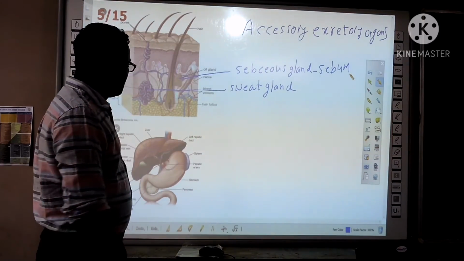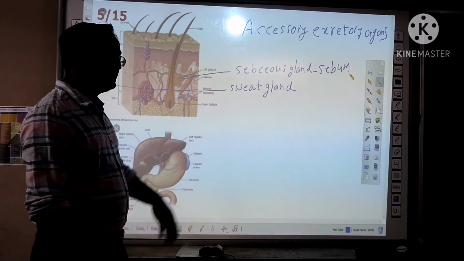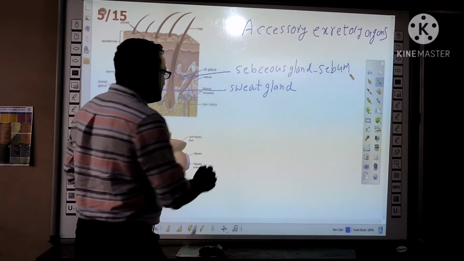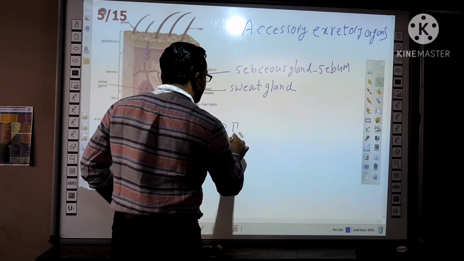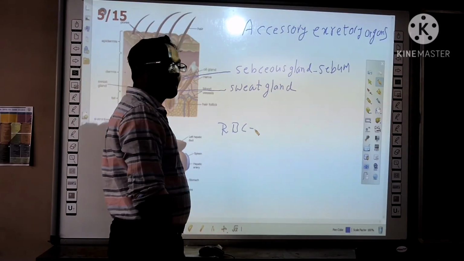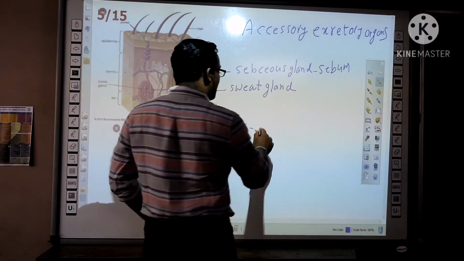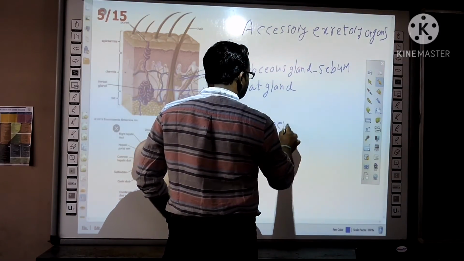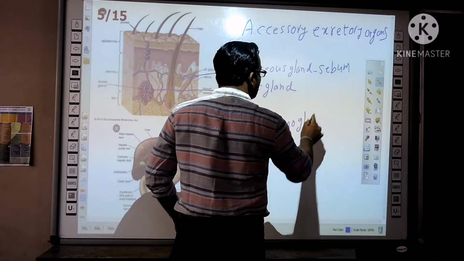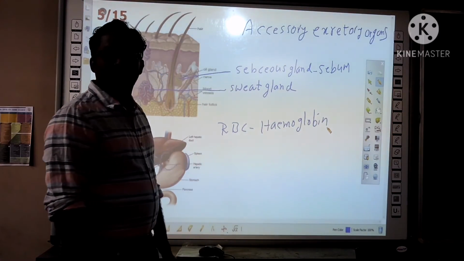Next, the liver also removes waste. In the blood, red blood cells, RBC, are there. Why are RBCs red in color? Yeah, hemoglobin. What is the lifespan of red blood cells?